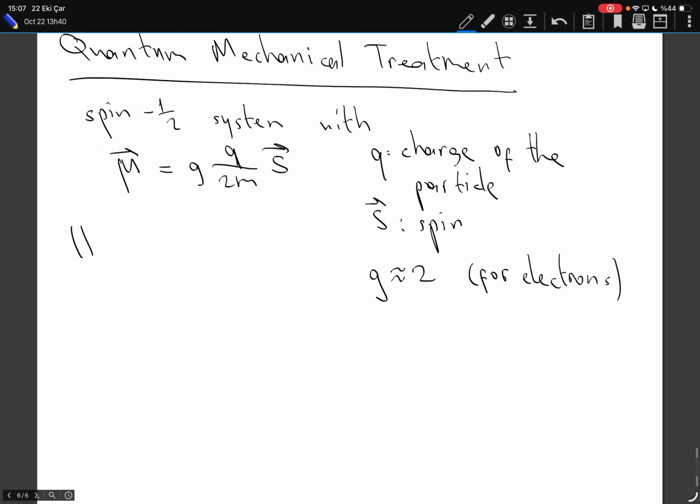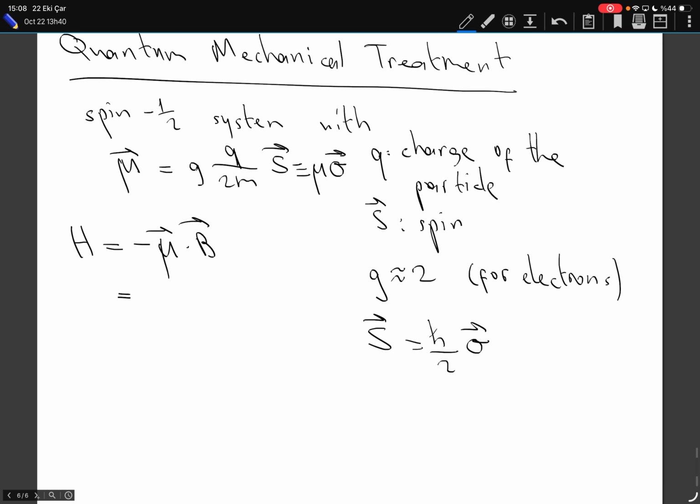And this is our Hamiltonian for a single particle. Let me just write this as mu times B in the direction times sigma. Sigma will be the Pauli matrices, because for electron S is h bar over 2 sigma for the spin of the electron.